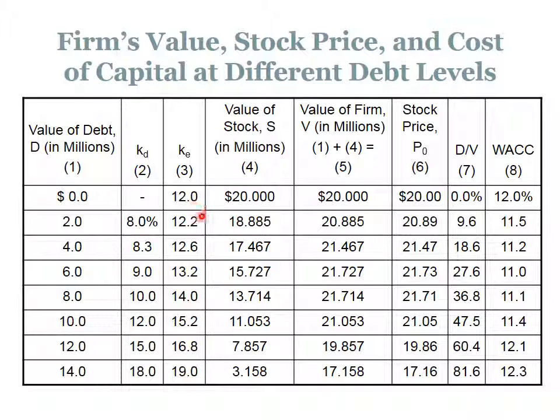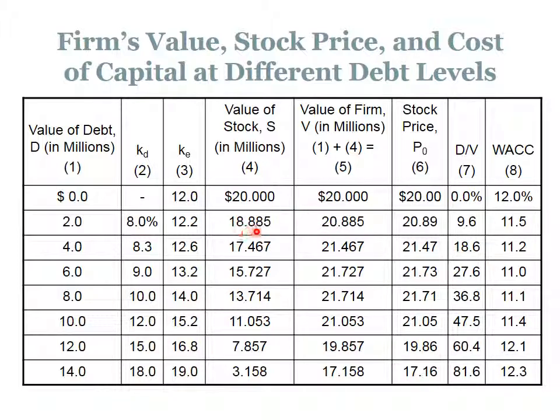So the value of the stock changes. The reason we've gone down from $20 million worth of stock to $18.8 million in total stock value is because we've replaced some of the stock with $2 million worth of debt. And we're not just going to take $2 million off of here. What happens is the stock price actually goes up as a result of taking on the debt.